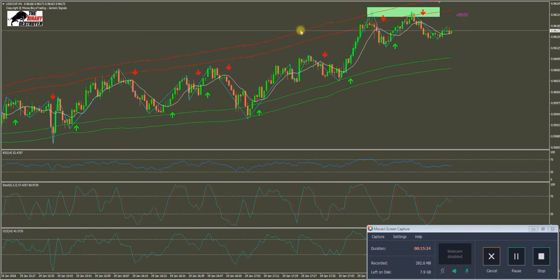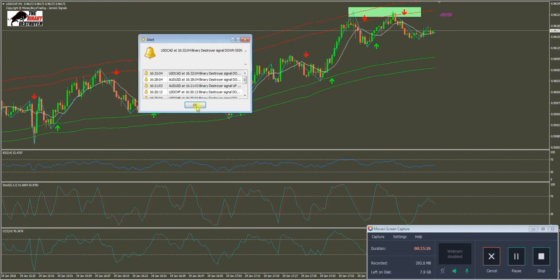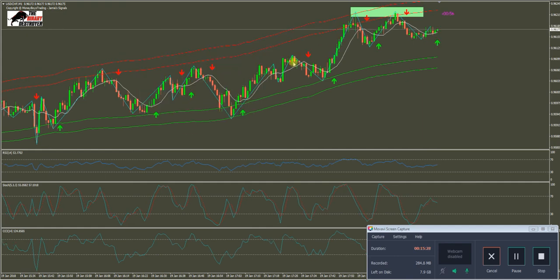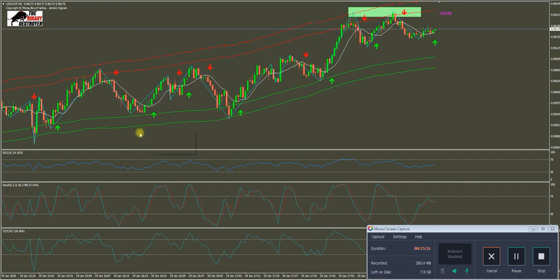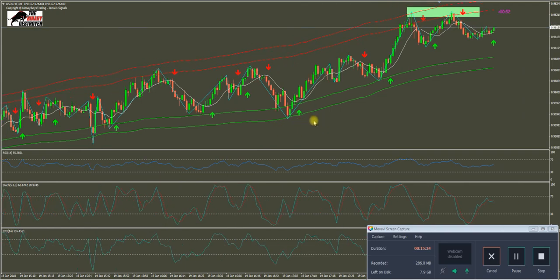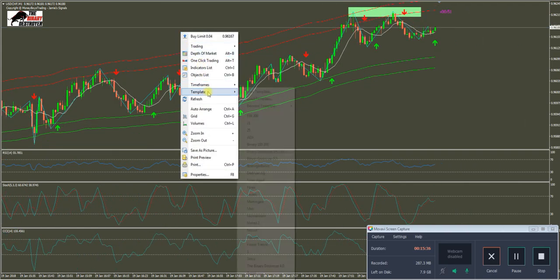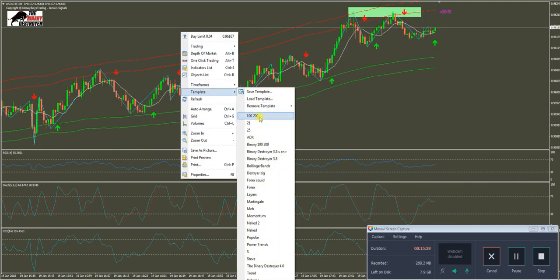Okay, now once we've spotted M's and W's, how do we trade a trending market? Simple. The 100 and 200 EMA moving averages. We add that in.